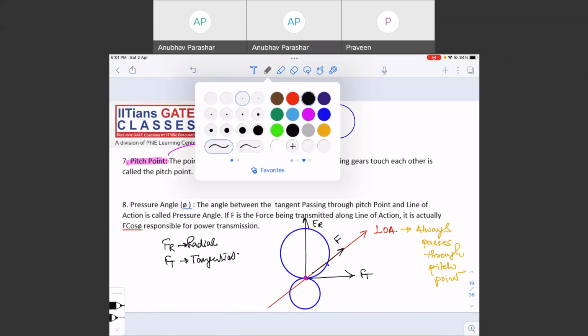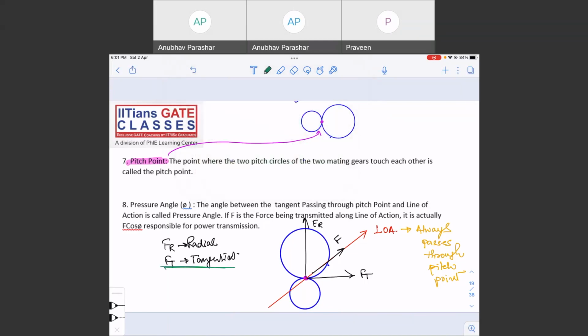So who is actually responsible for power transmission? The tangential force is responsible for power transmission, right? Who will rotate the gears, Fr or Ft? Ft is going to rotate the gears. So power transmission will be by Ft, right?